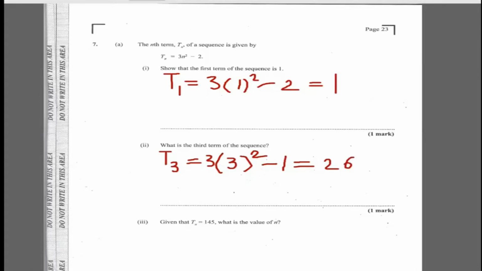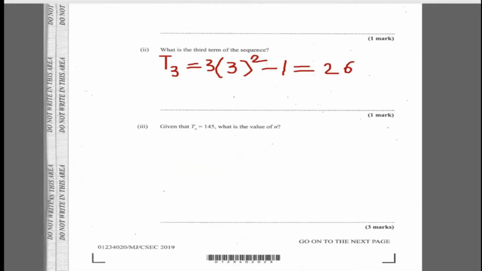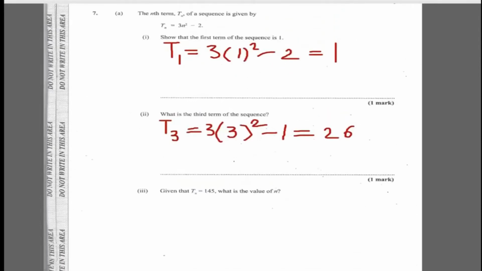Now finally it says, given that Tn is 145, what's the value of n? The original formula for Tn is 3n squared minus 2. Now 3n squared minus 2 is equal to 145, and you're asked to solve for n.